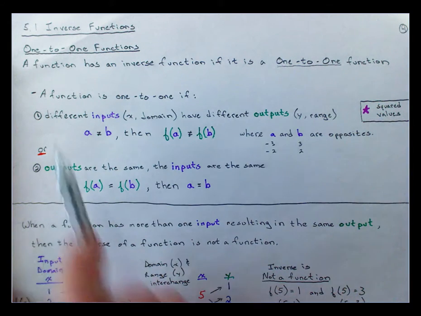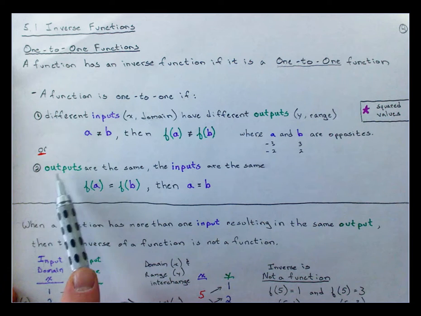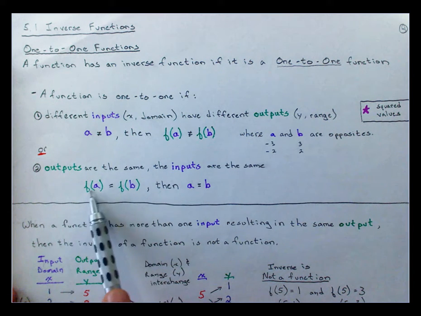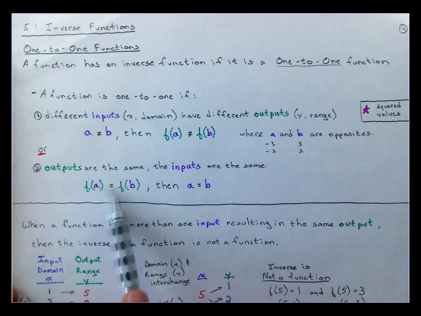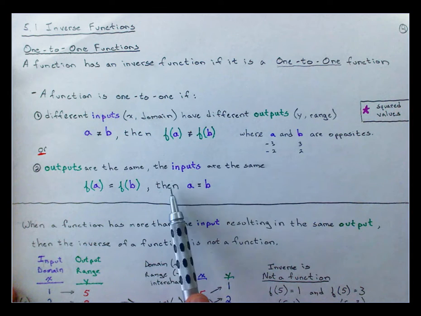So, criteria 1. Or we can use criteria 2. If outputs are the same, meaning my y values, or written in function notation, f of a equals f of b, then the inputs must be the same. Then a must be equal to b.